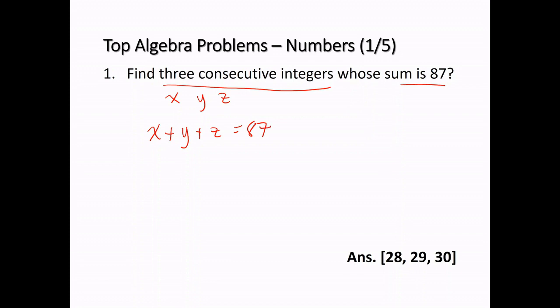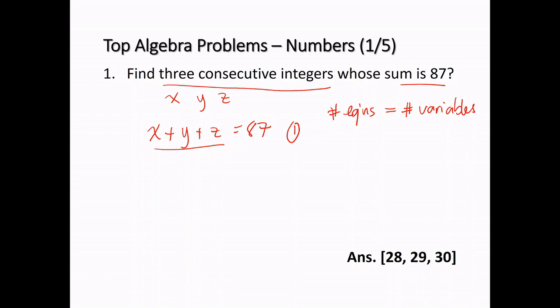Now, there is no way we can solve each of the variables because we have only one equation. In algebra, the number of equations should be equal to the number of variables. So we need to work on the left side of the equation.